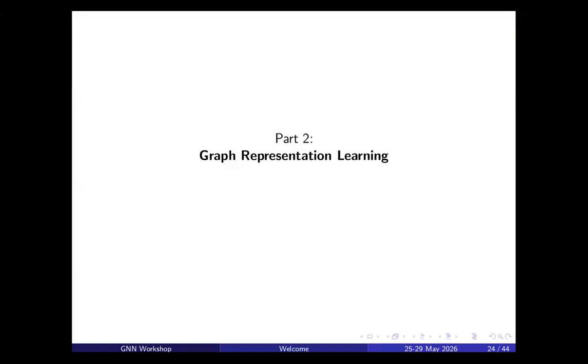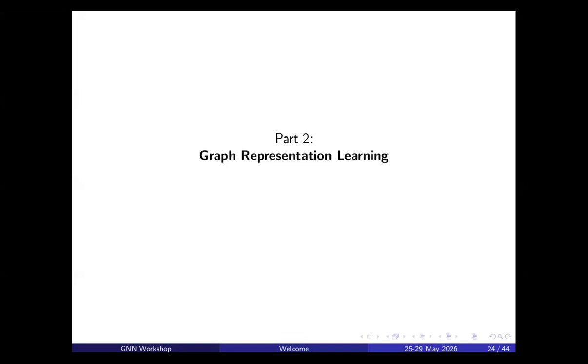So we want to use graph machine learning, or an algorithm specific to graphs, which can learn either node level, edge level, or graph level tasks. So instead of focusing on these particular levels, the most general task that we can consider is graph representation learning. Given the graph, we want to learn some kind of representation.